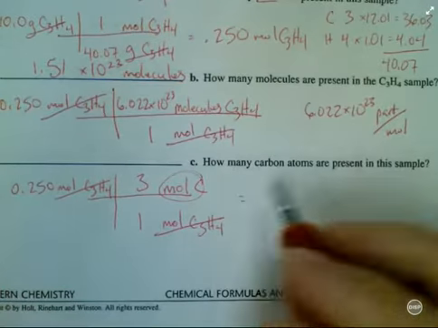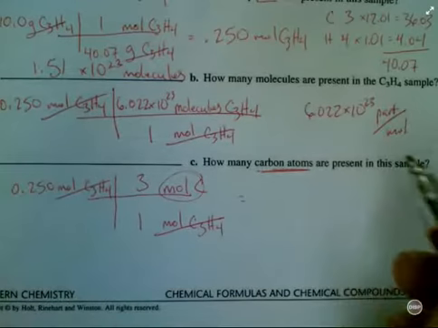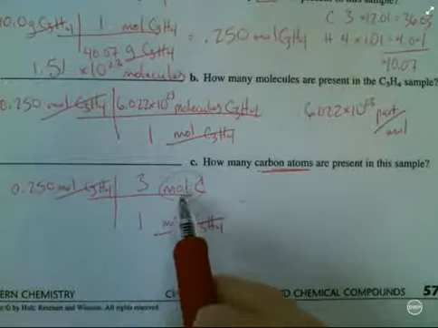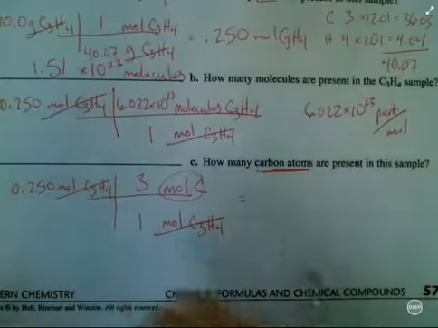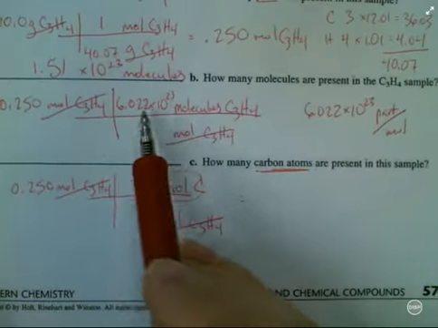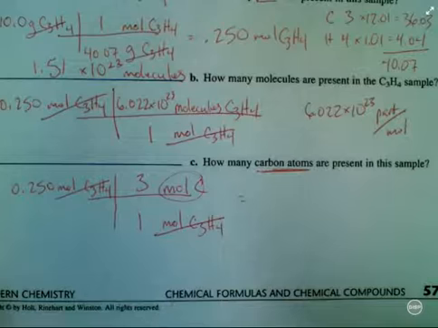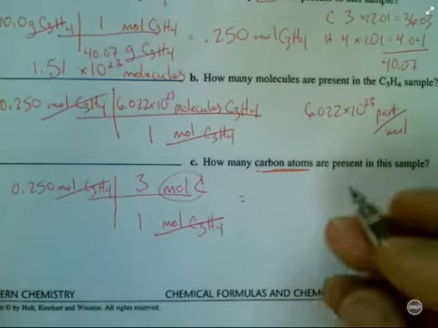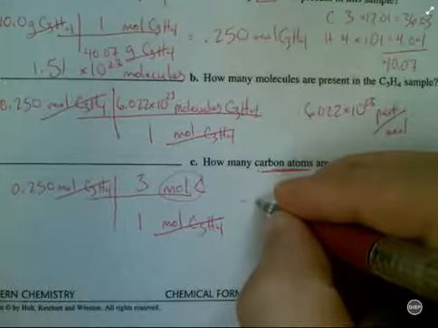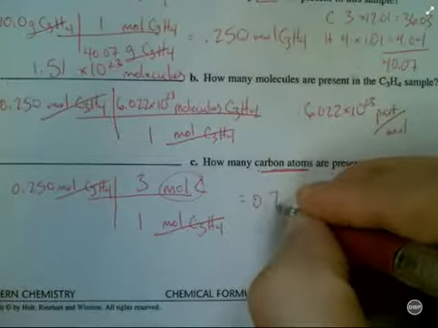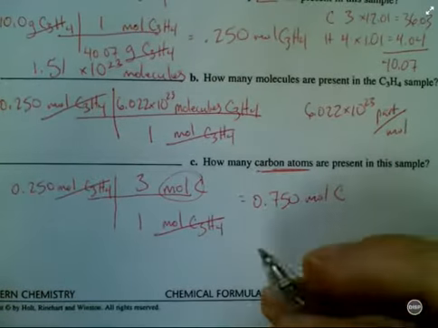And I'm left with a response that will be in moles of carbon. Now, that's not what the question is asking for. The question is asking for atoms of carbon, but I will have successfully gotten this to be talking about moles of carbon, just carbon. And then in the same way as I did on B, I can convert moles of something into particles of something. So, use my nifty calculator.